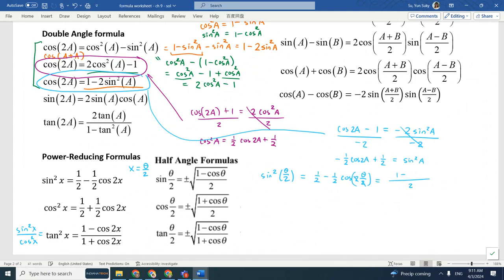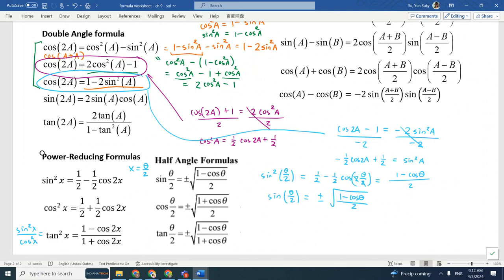Then the numerator is 1 minus cosine theta. Therefore, you take the square root on both sides, you get plus or minus square root of 1 minus cosine theta over 2. So from the power reducing formula, you let x be theta over 2, and then take square root on both sides. You get the half angle formula. Is that okay, everybody? This is how we derive the formula.